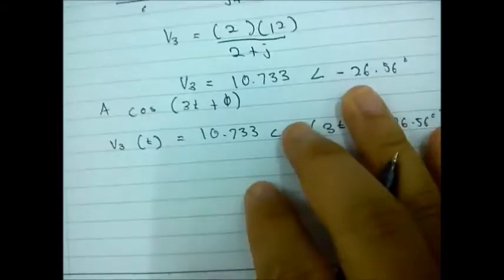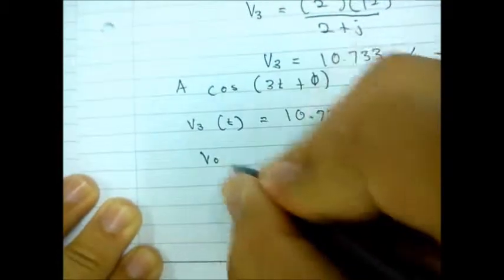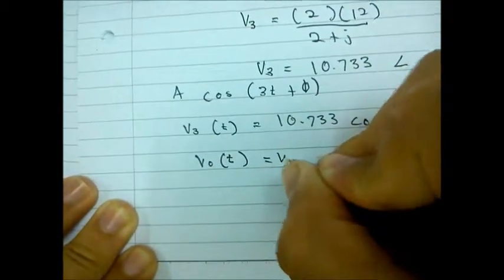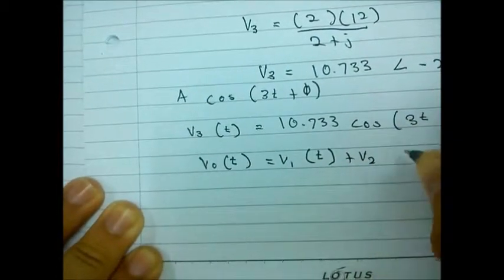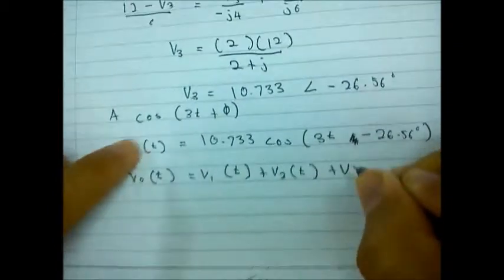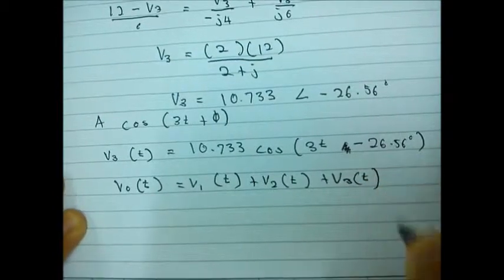Recall all the equations that we got: V0(t) equals V1(t) plus V2(t) plus V3(t).